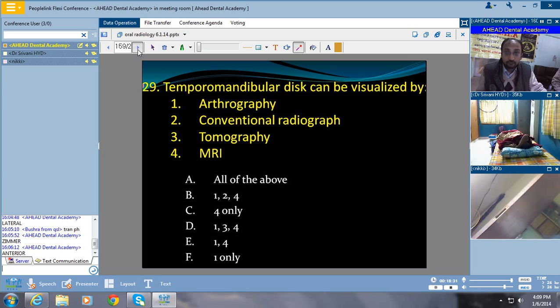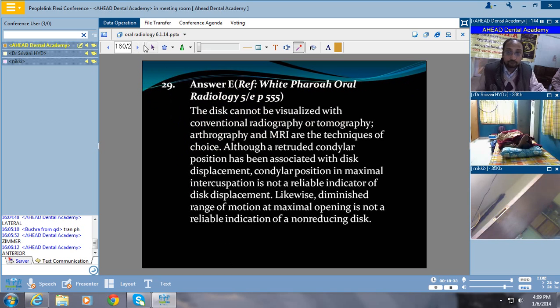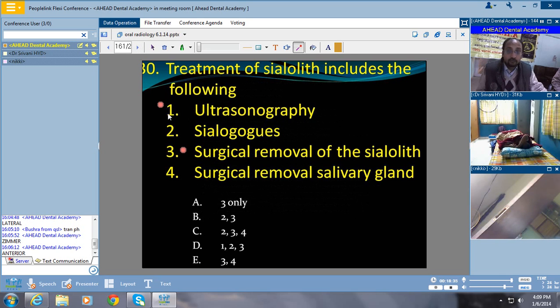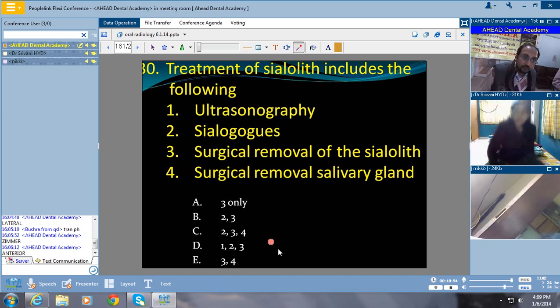Okay. Next question: the treatment of sialoliths includes the following. Which will be your best answer? Is ultrasonography used in treatment? Yes or no? Ultrasonography is not done in the treatment of sialolith.